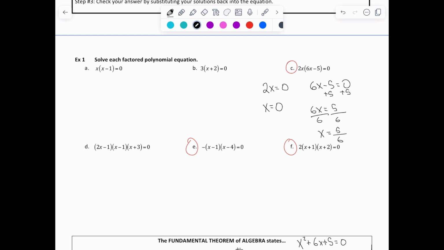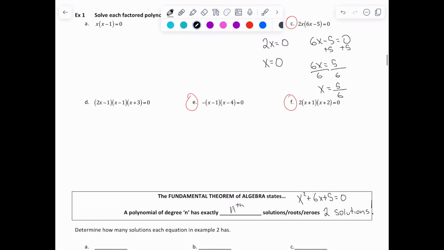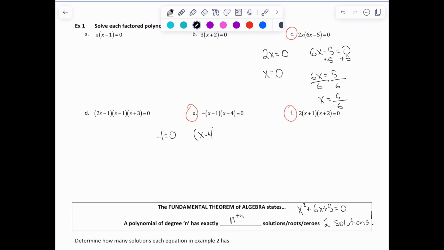Great. Let's look at E, because E and F are kind of unique problems that you will definitely encounter later. For E, you're going to set each bit equal to 0, but you actually have a -1 out in front. It doesn't matter which one you put first. I'll put the 4 first, and then we have x minus 1 equals 0.